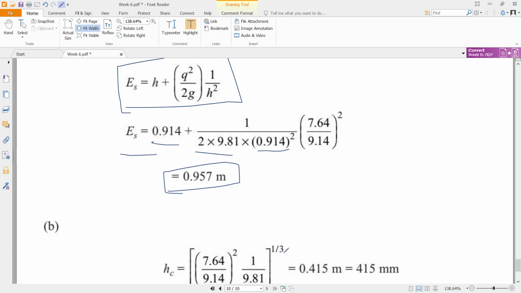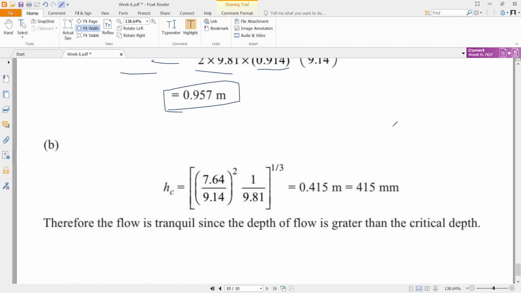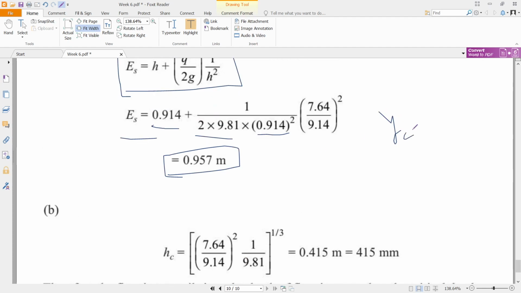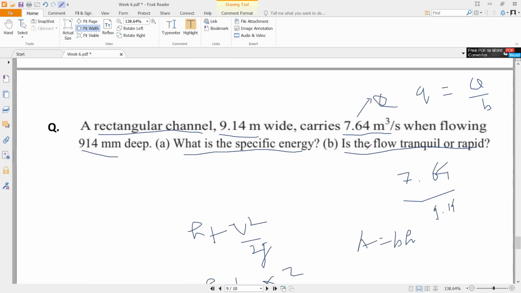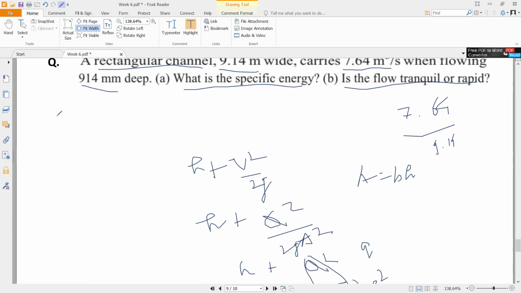Now, once you have determined the specific energy, next you need to determine the critical depth YC. So the critical depth YC for a rectangular channel is q square by G to the power of 1 by 3. How you obtain this expression, I am not going into the derivation, but what is the general condition for critical flow? For critical flow, Froude number is equal to 1, or we can say that the square of the Froude number is also equal to 1.